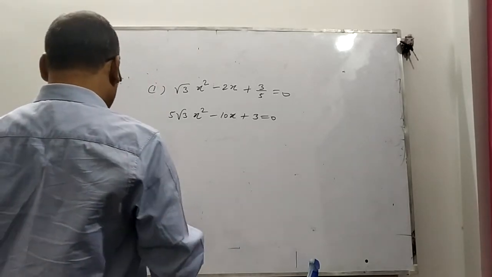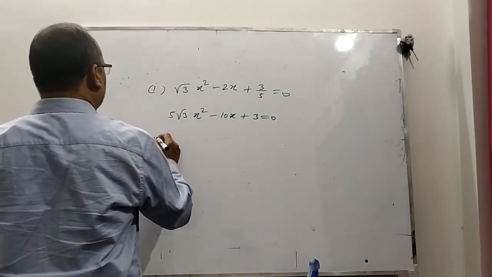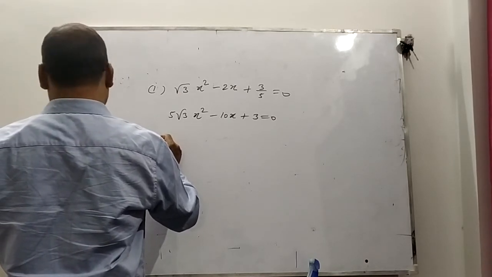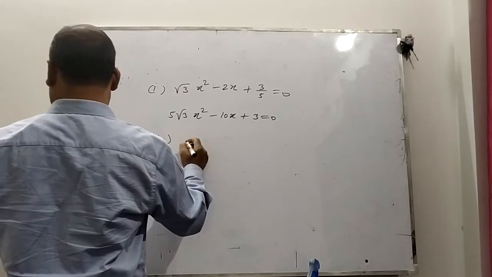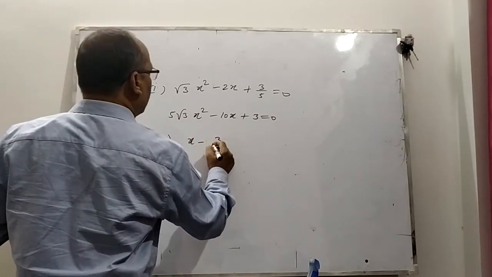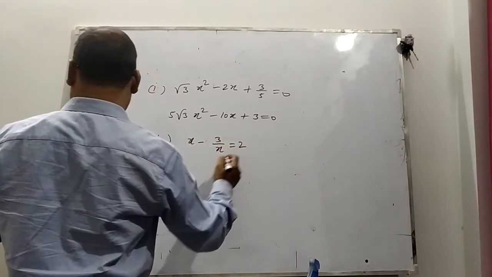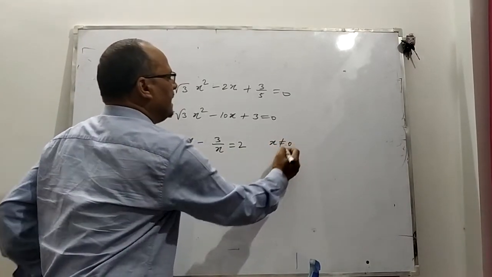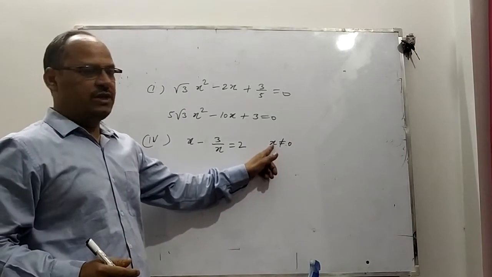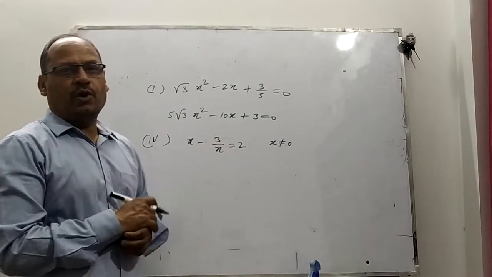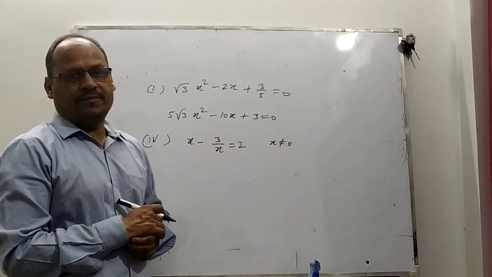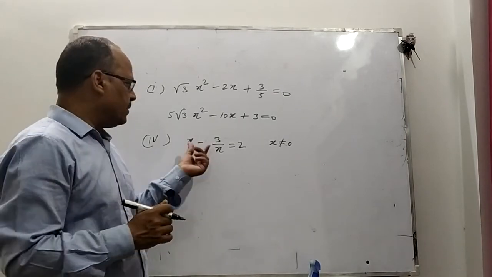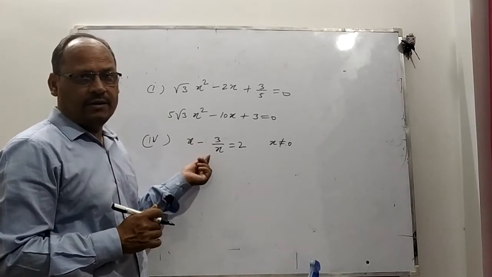So you will see the question number fourth. x minus 3 upon x equal to 2, x does not equal 0. Why is it written x does not equal 0? First you see this: 3 upon 0 equals infinite, so there is no solution of this equation.